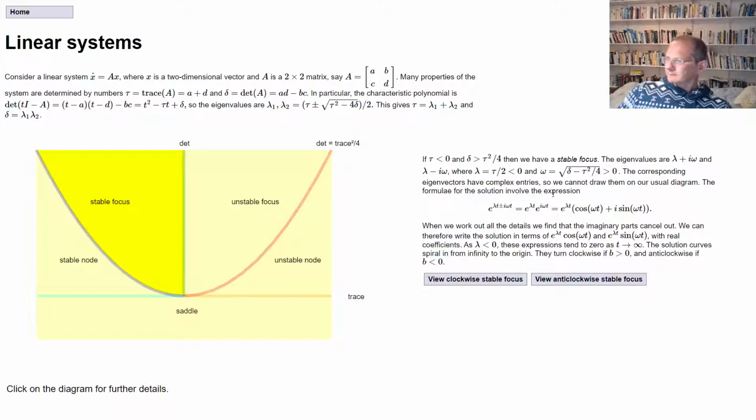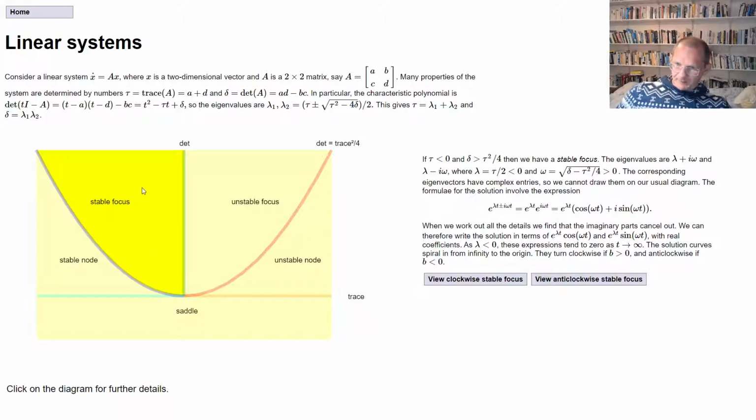If we did the intermediate steps, we might have some complex numbers coming out, but at the end of the day, x is supposed to be a real solution, and we end up with a solution written in terms of e to the lambda t cos omega t and e to the lambda t sine omega t. So we get oscillatory behavior because of the cosine and sine terms.